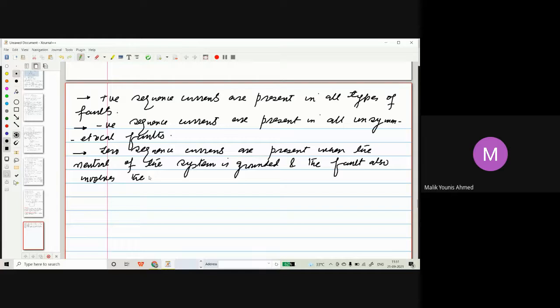So if there is a line to line fault, you will not find a zero sequence component because there is no ground. Line to ground you will find, double line to ground you will find definitely. And then the magnitude of current is equal to 3 I_A0.